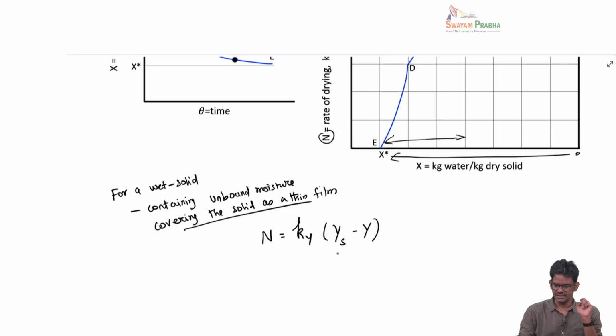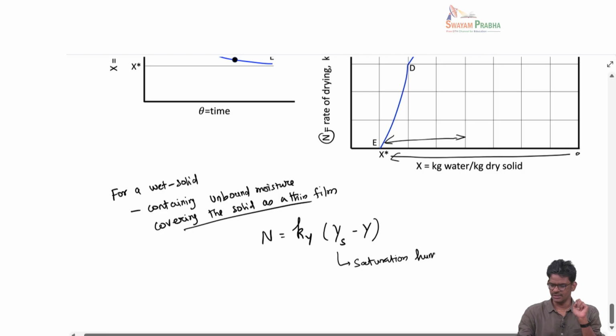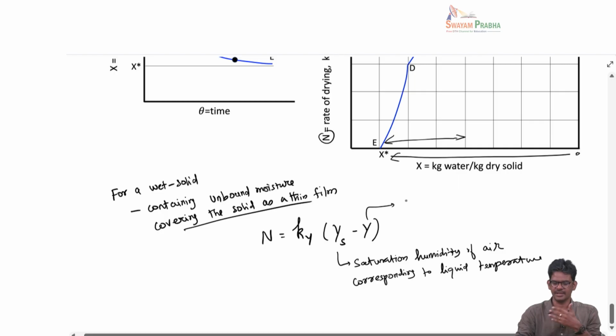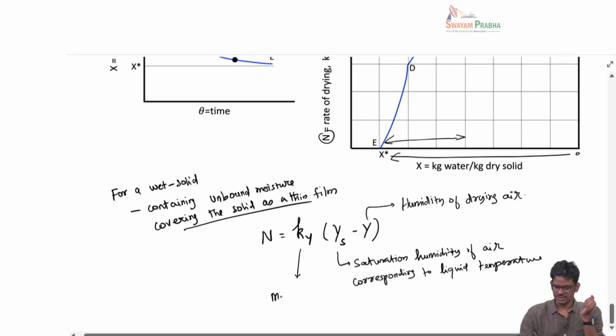Then this Ys here is called the saturation humidity of the air corresponding to the liquid temperature, whereas this Y here is the actual humidity of the drying air coming over. And this ky is the gas phase mass transfer coefficient.